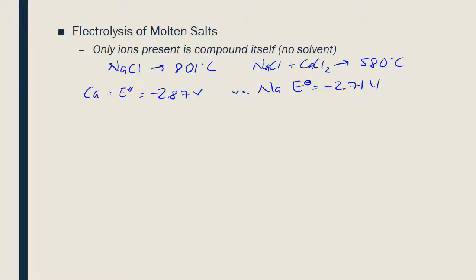Because calcium has a lower negative value, it prefers to stay in solution more than sodium, forcing sodium to be reduced. So that is a valid salt we can use to isolate sodium. And the fact that both have chlorine just gives us more chlorine that we can also be making.